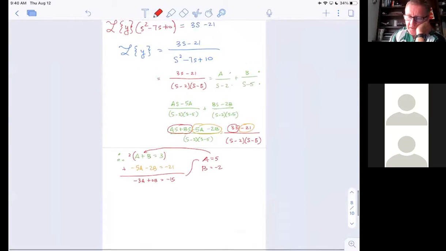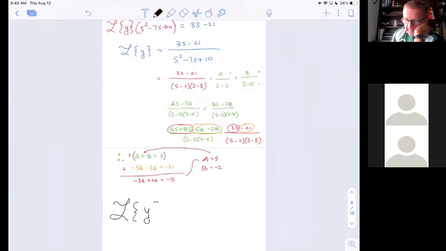So then let's see, where are we now? Can't I then say that my Laplace transform of this y that I'm trying to find is now equal to, well, a over s minus 2, 5 over s minus 2, and then plus b, but b was negative 2 over s minus 5.